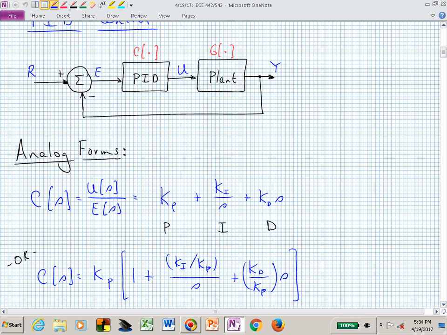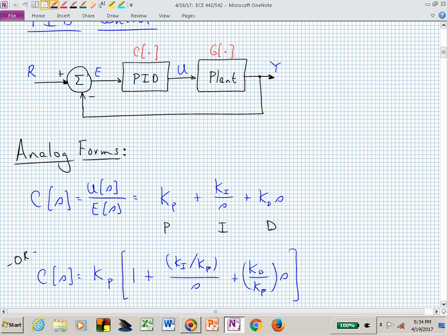So if we have those 3 terms, then we have a PID controller. And you can see with a PID controller, we actually have the ability to adjust 3 different parameters. You could view each of those gains as an adjustable knob: the proportional knob, the integral knob, and the derivative knob.